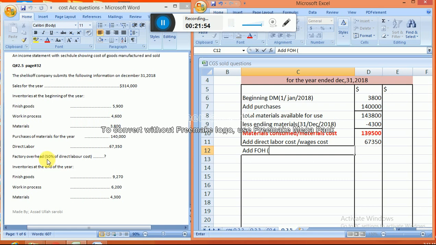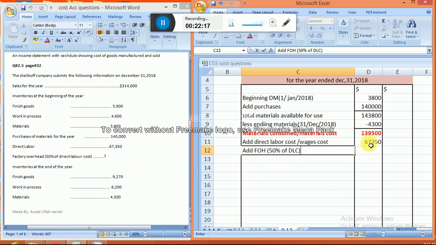What is the clue? 50% of direct labor cost. So simple. 50% of direct labor cost, DLC.